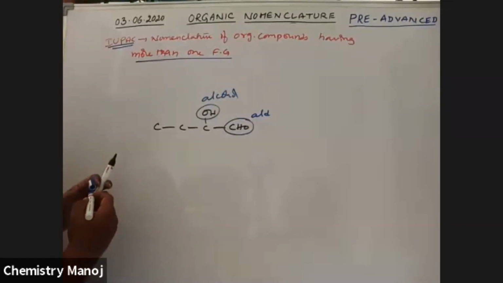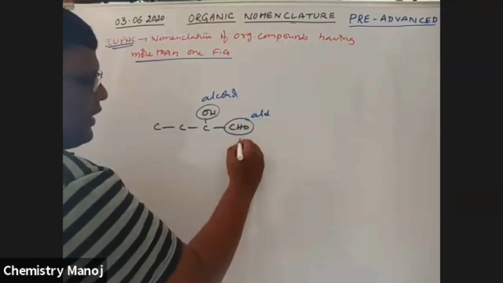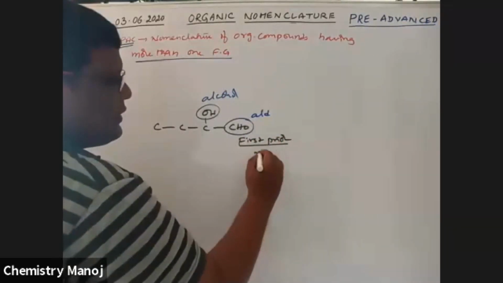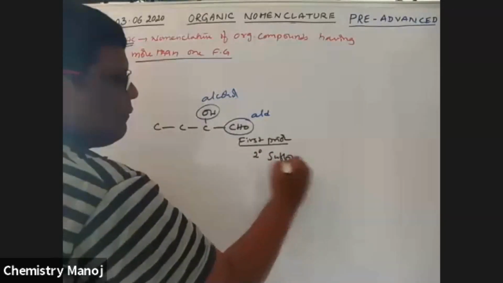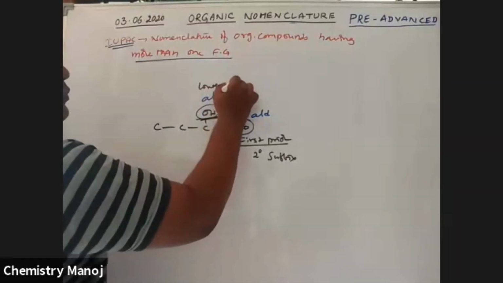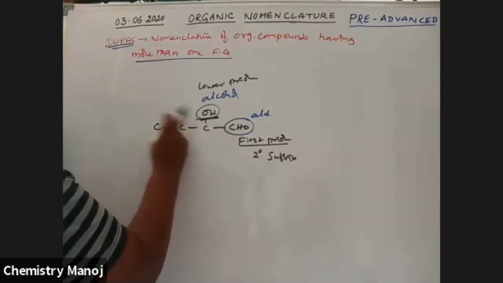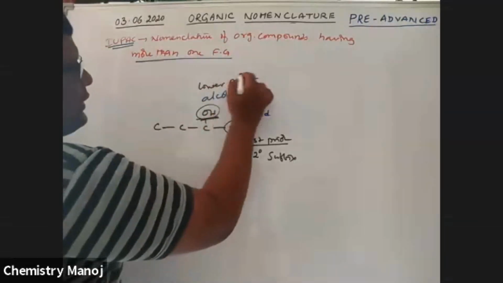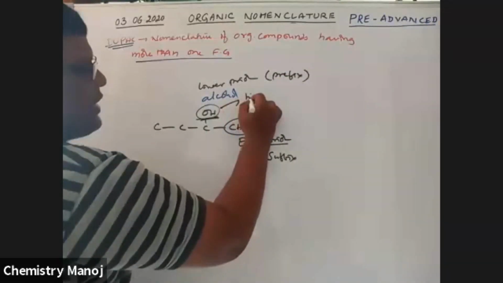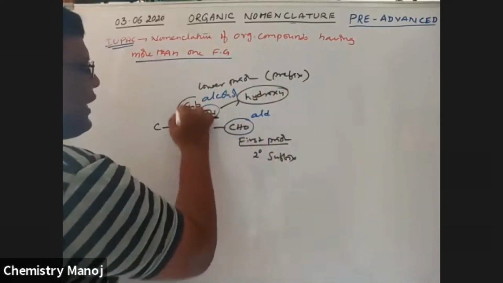Among them, which is more prior, OH or CHO? No doubt it is CHO. It is first in priority, that's why it is the secondary suffix. OH is lower in priority, so check the priority order. Therefore, it takes the prefix ending. As a prefix, OH is taken as hydroxy, that is, as a substituent.